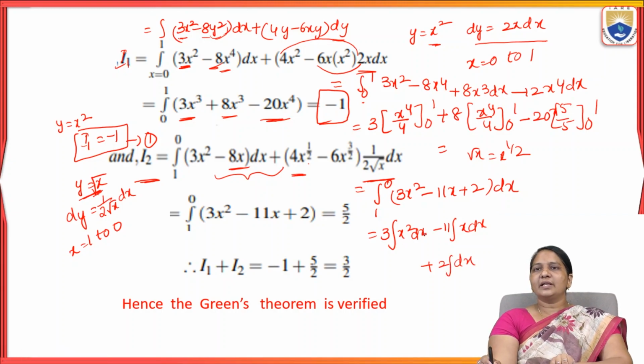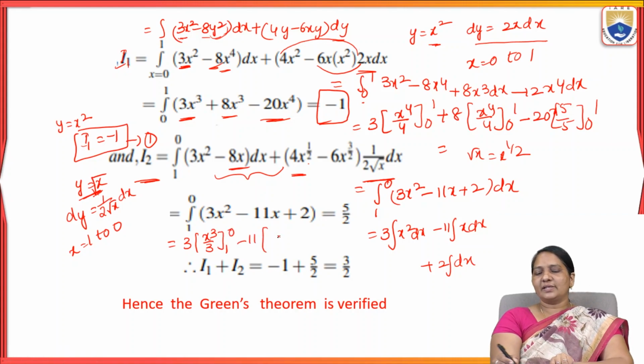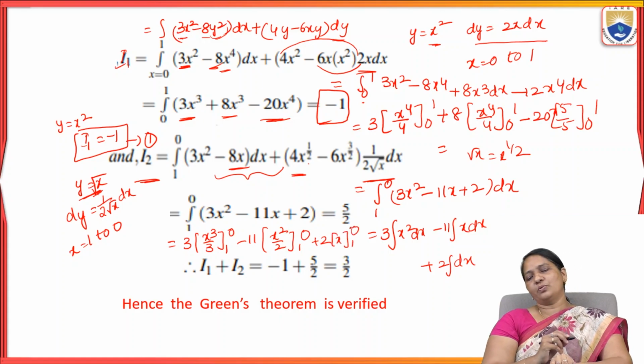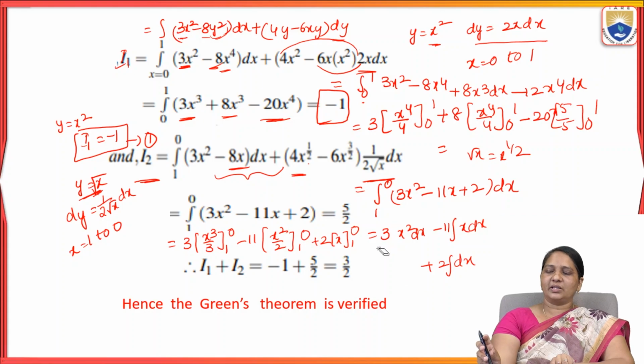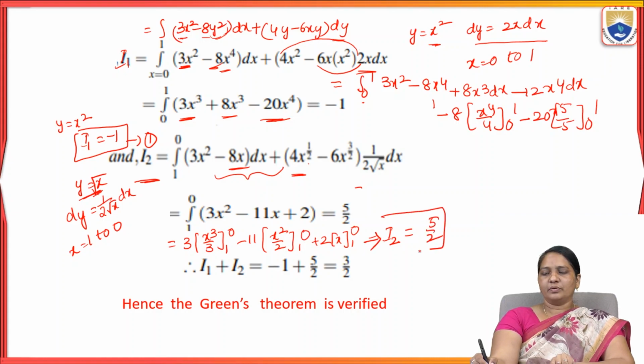So 3 integral x square dx means 3 into x cube by 3, limits are 1 to 0, minus 11 into integral x dx is x square by 2, limits are 1 to 0, plus 2 into integral dx is x, limits are 1 to 0. When you are simplifying this, we are getting the value like this. Finally, I2 equal to 5 by 2.